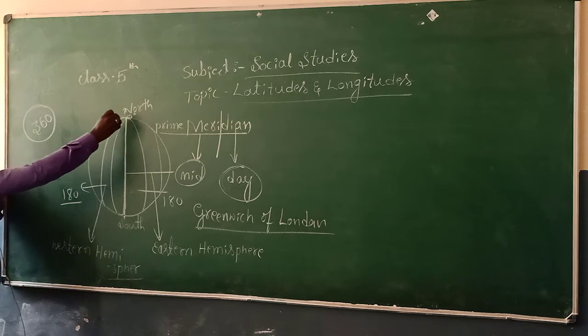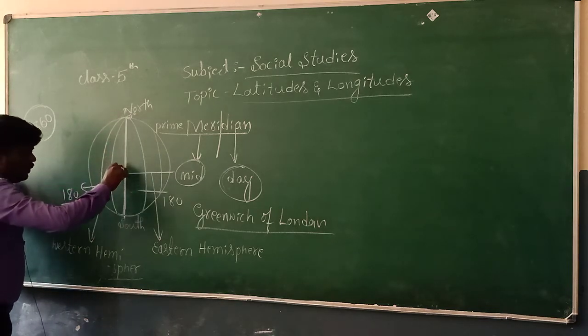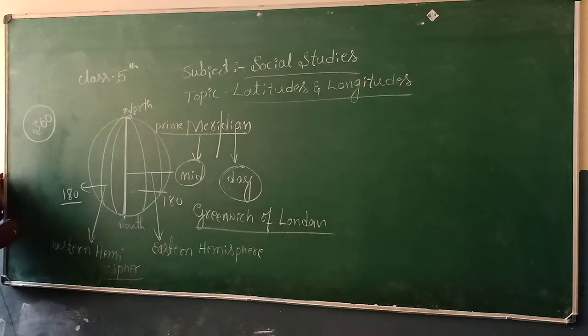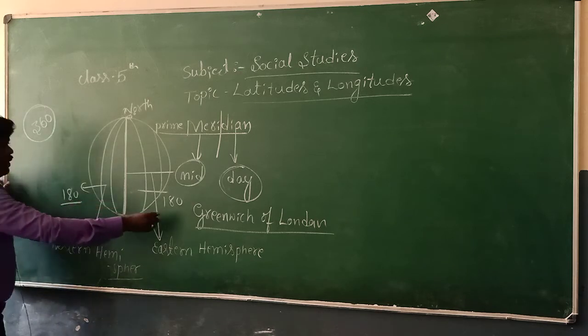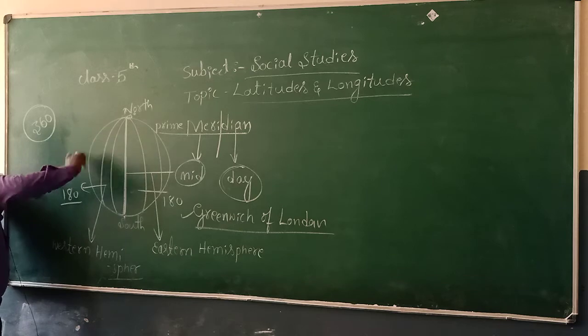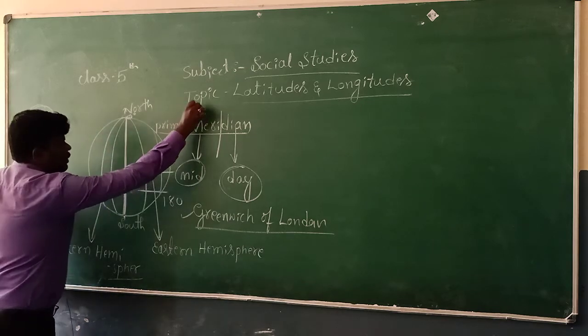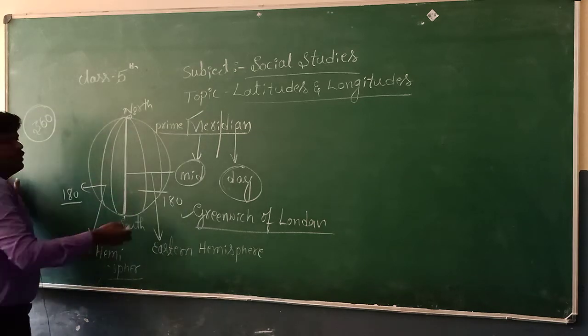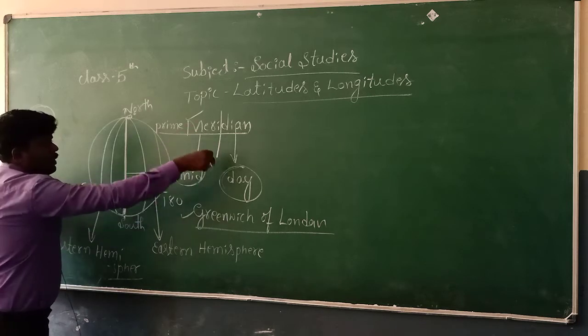See, the prime meridian passes through Greenwich in London. Longitudes are also called meridians. Meri means mid, dian means day.